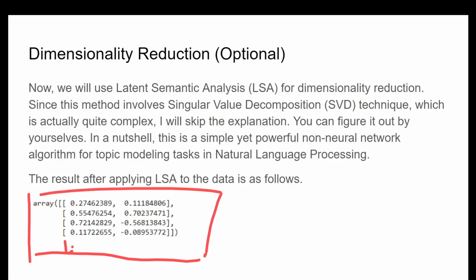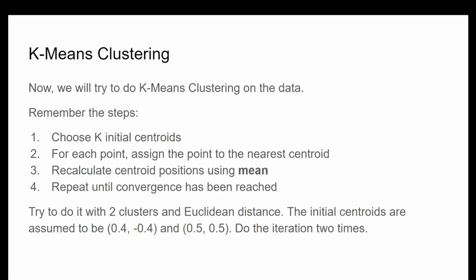This is what we call latent factor 1, and this is latent factor 2. The next one is we are going to apply the clustering using k-means. You have to remember the steps again. You have to choose the k initial centroids randomly, and for each point you assign the point to the nearest centroid, and then you recalculate the centroid positions using the mean.